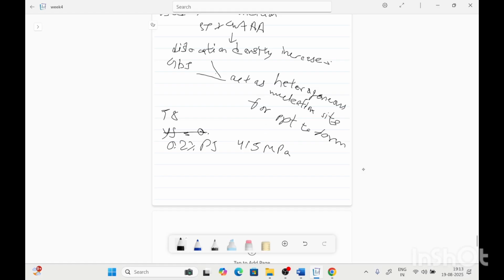Generally aluminum has around 100 MPa 0.2% proof stress. The aluminum copper alloy is heat treatable, so in the T8 condition the proof stress is around 400 MPa. So this is used for aircraft.